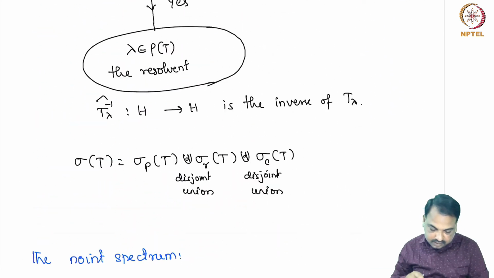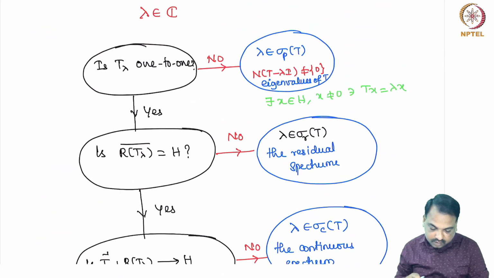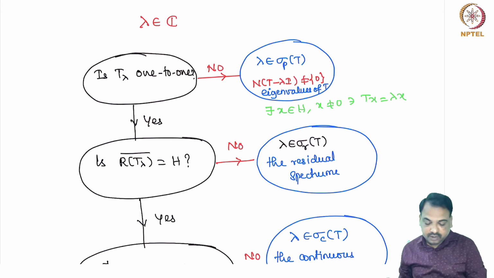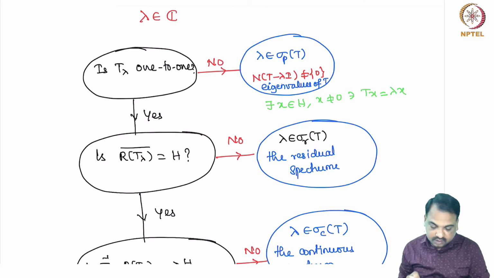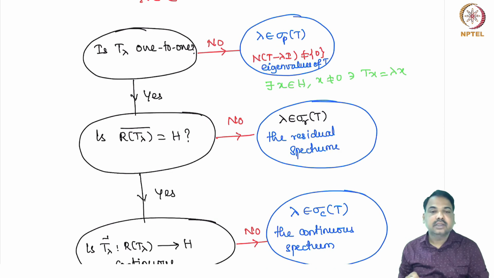The reason is that if T lambda is not 1 to 1, it is not onto, and in this case the range of T lambda is a finite dimensional space, it may be one dimensional or two dimensional.